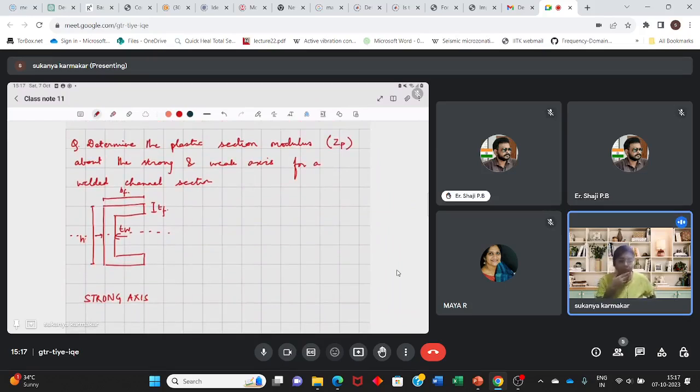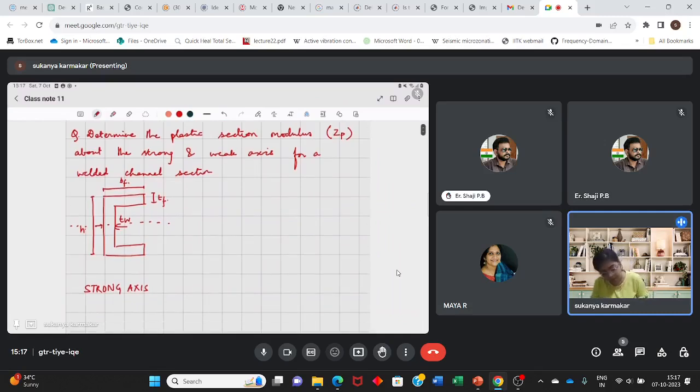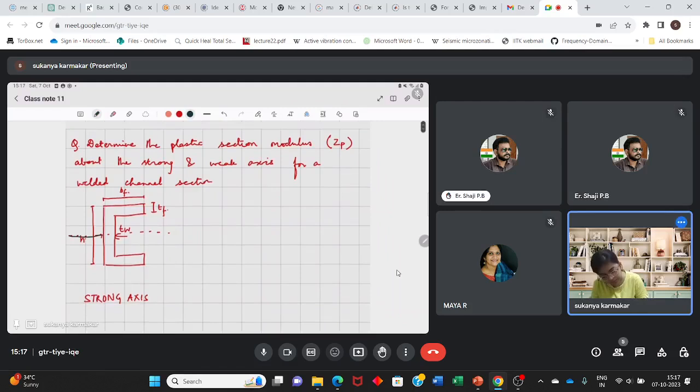So an axis which divides the section into two equal halves. We know that for the channel section, this axis is the axis of symmetry, that is the centroid. This axis will pass through the centroid of the section, and this is also the equal area axis because area above the axis is equal to area below the axis.